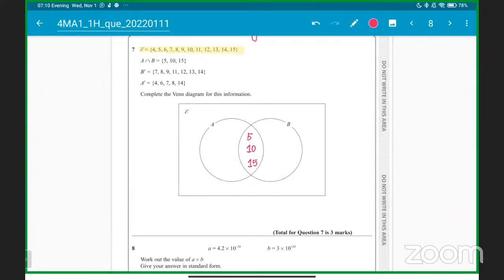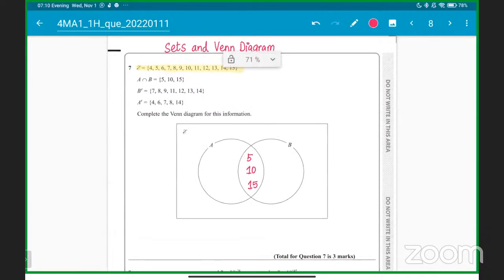So A complement means everything apart from A. We don't know what A is, but when we subtract A from the universal set, we get the A complement. Whatever is in A is removed, and the remaining ones are the A complement.